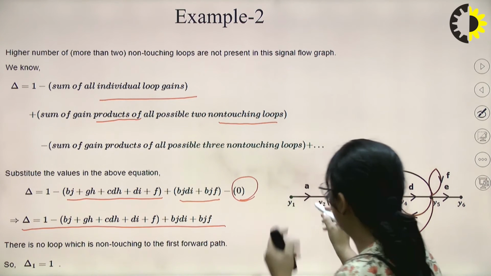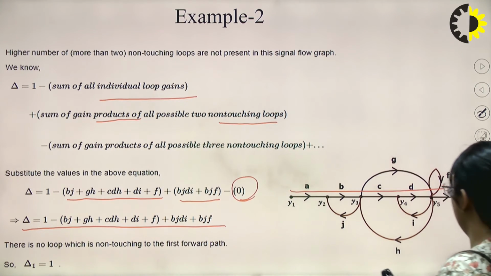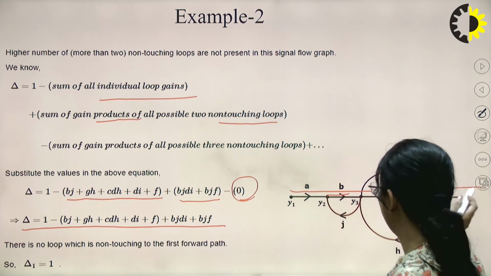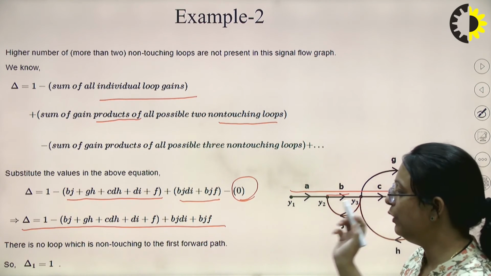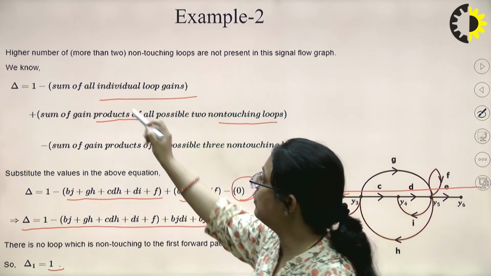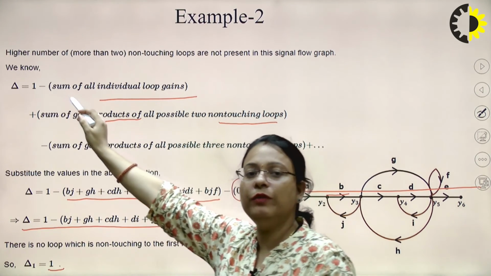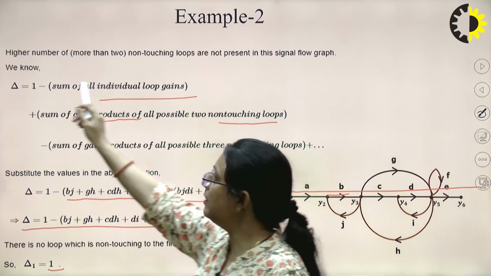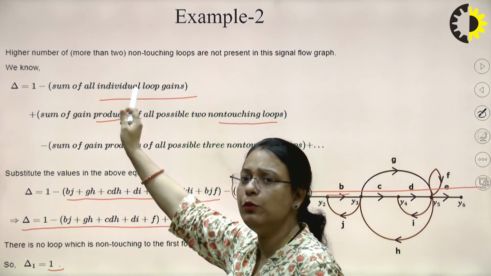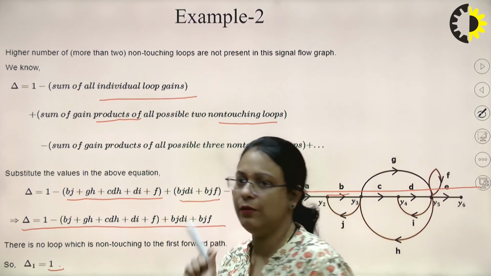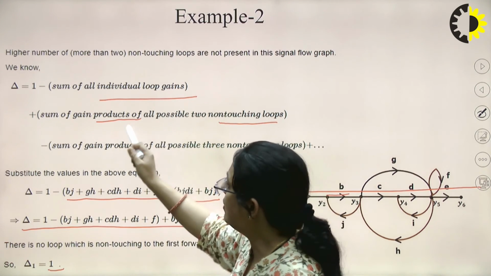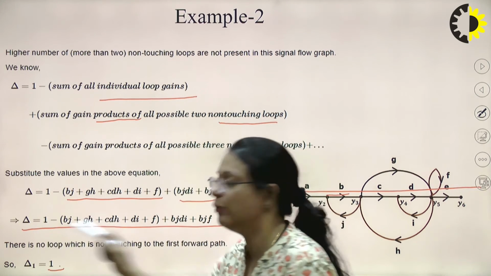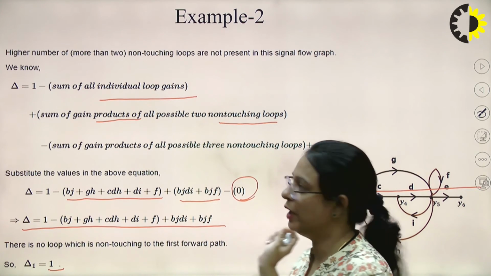Now we have to find the values of delta 1 and delta 2. You can see delta 1 corresponds to the first forward path, and all the loops are touching this particular forward path. So the value of delta 1 will be 1, because we find delta 1 from delta only, but the value will be 1 minus the individual loops which are not touching this first path, plus the sum of the products of those non-touching loops which are not touching this particular path, that is the first path we are talking about here.